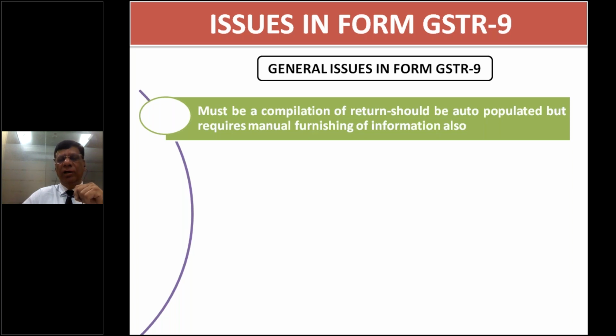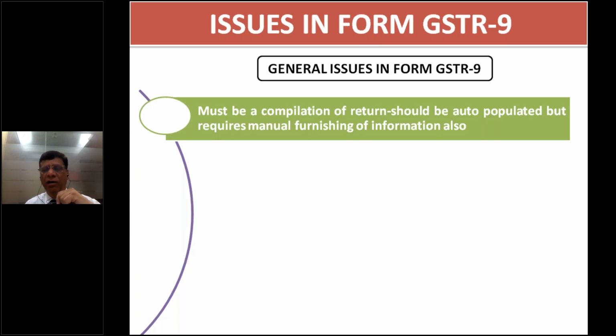Fundamentally, the vital tables are table 4, 5, 6, and table 7 also contains information relating to B2C supplies, which are taxable of small nature. So these four tables contain vital information in totality in relation to outward supplies.